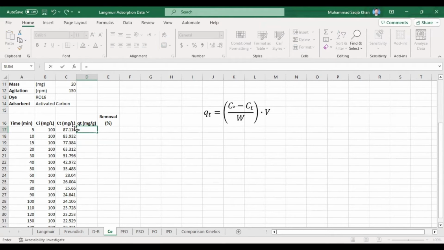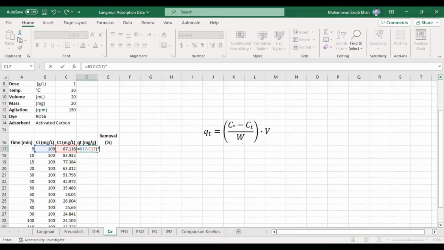So we will put this formula: C0 minus CT multiplied by volume divided by mass.